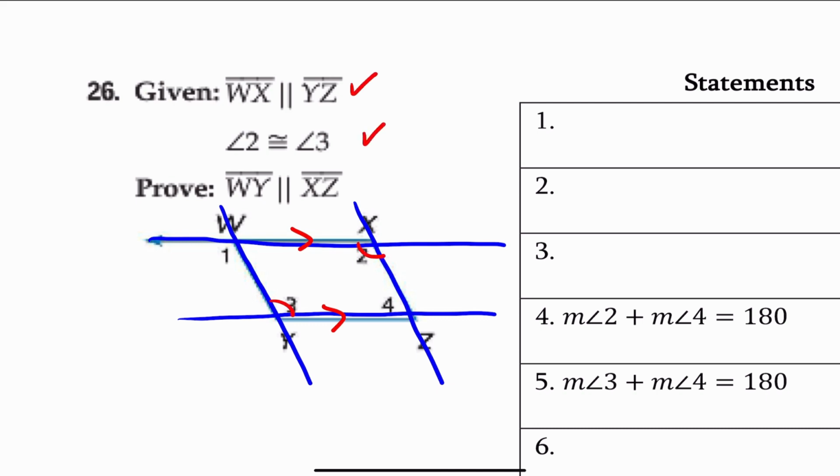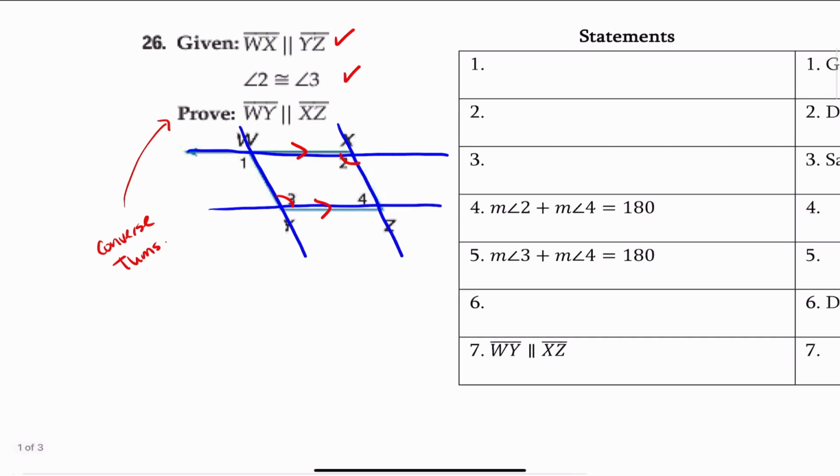And this is all because of my given, okay? And my goal here is to prove that these lines are indeed parallel, okay? So when you're trying to prove that these lines are parallel, you're going to be using one of the converse theorems to do that. Okay, so your goal here again is to prove that segment WY is parallel to segment XZ. And if you can do that, you're golden.